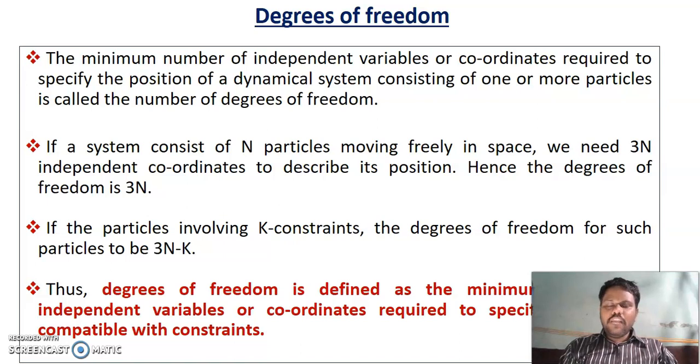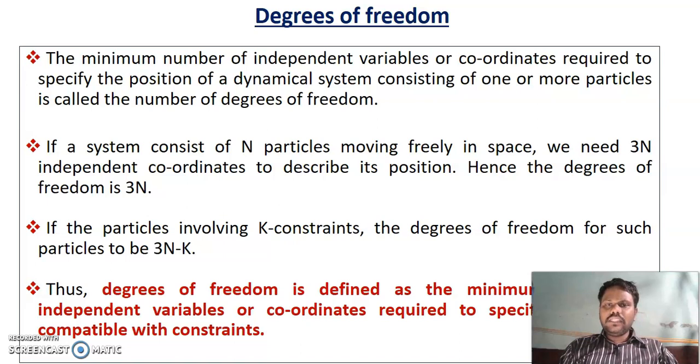Likewise, if a particle moves in three dimensions, we need three coordinates, namely x, y, and z. The minimum number of independent variables or coordinates required to specify the position of a dynamical system consisting of one or more particles is called the number of degrees of freedom.